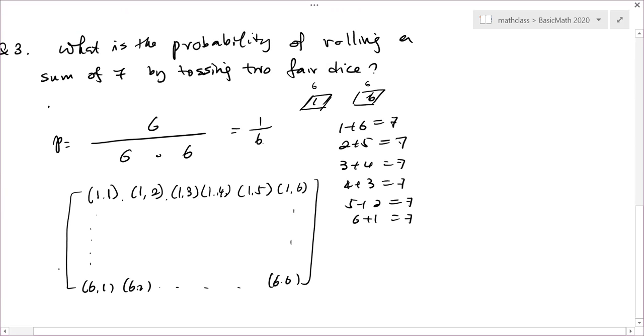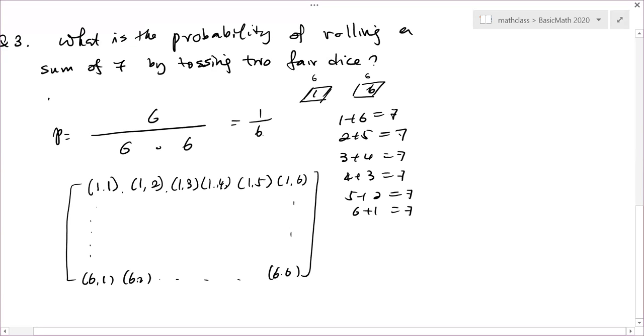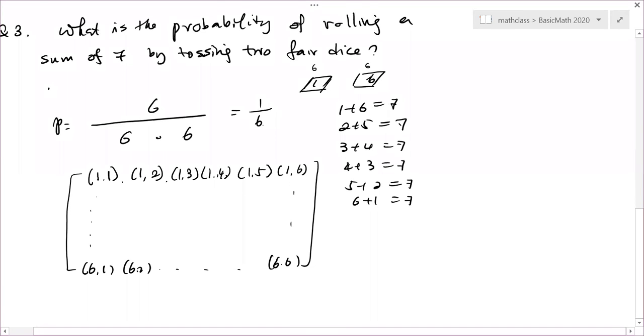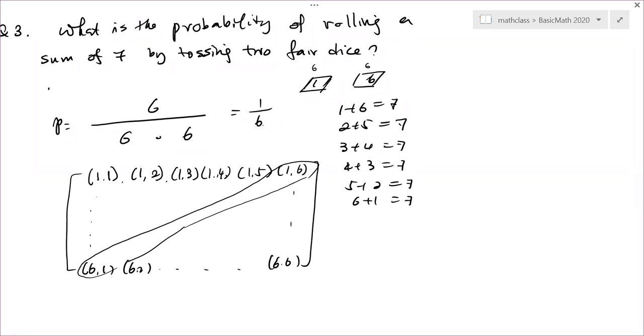So in total you have 36, 6 times 6 possible outcomes, and only those on the diagonal meet the requirement. And that's why it's 6 over 36.